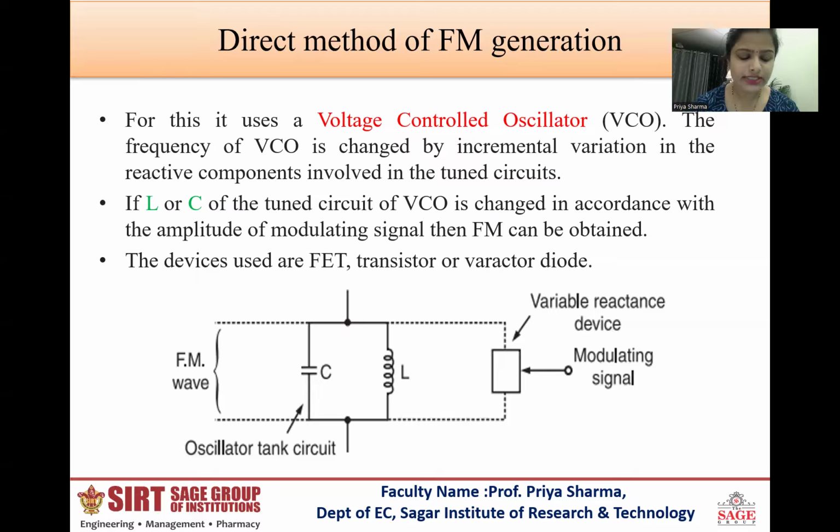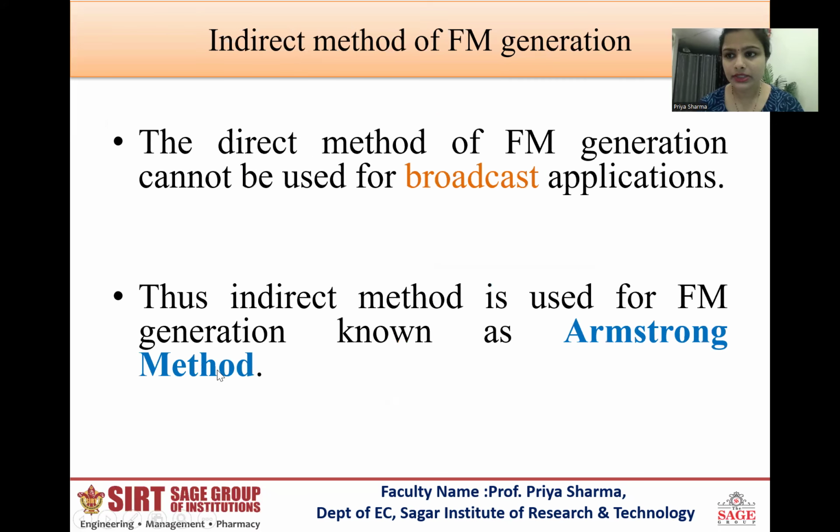So this is the basic diagram of frequency modulation generation using the direct method. It consists of a tank circuit and a modulating signal, as given here. And from here, by varying this, we can receive the FM wave.